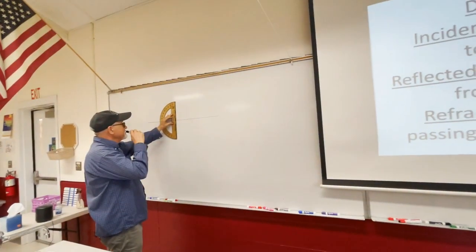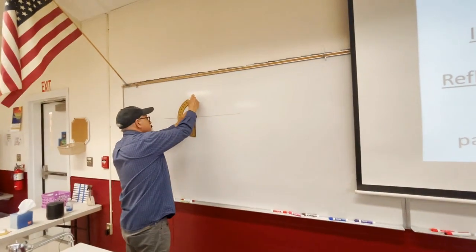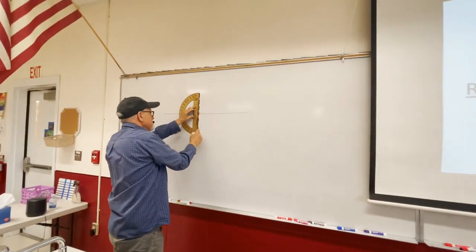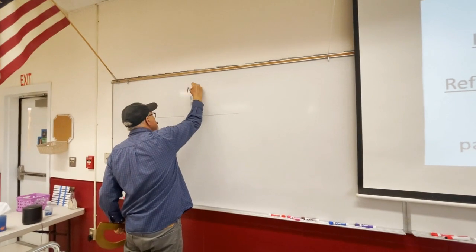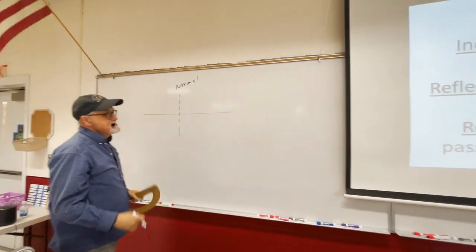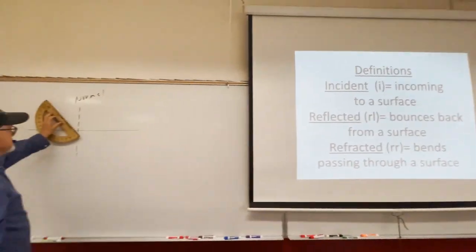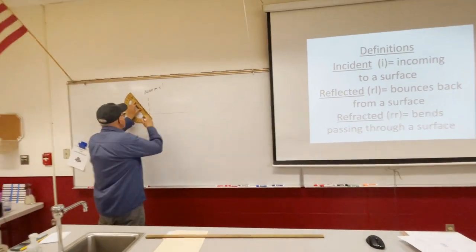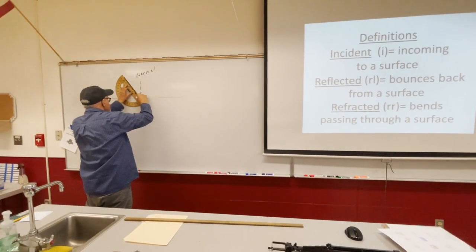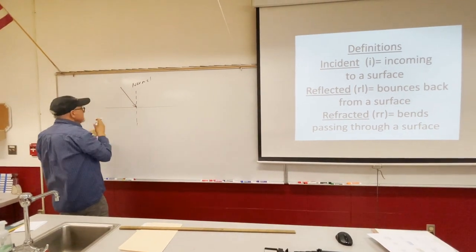I'm going to use this protractor to make a normal. And if I have a light ray that comes into the surface, that's incident.